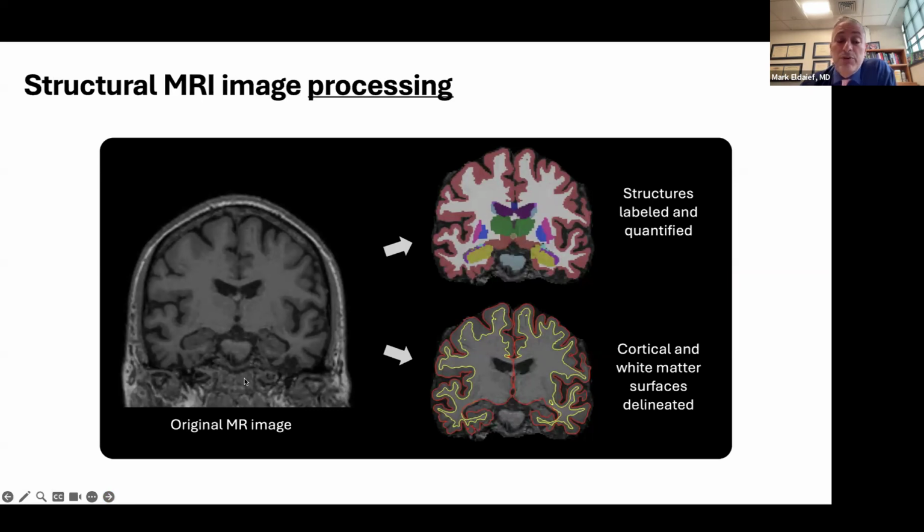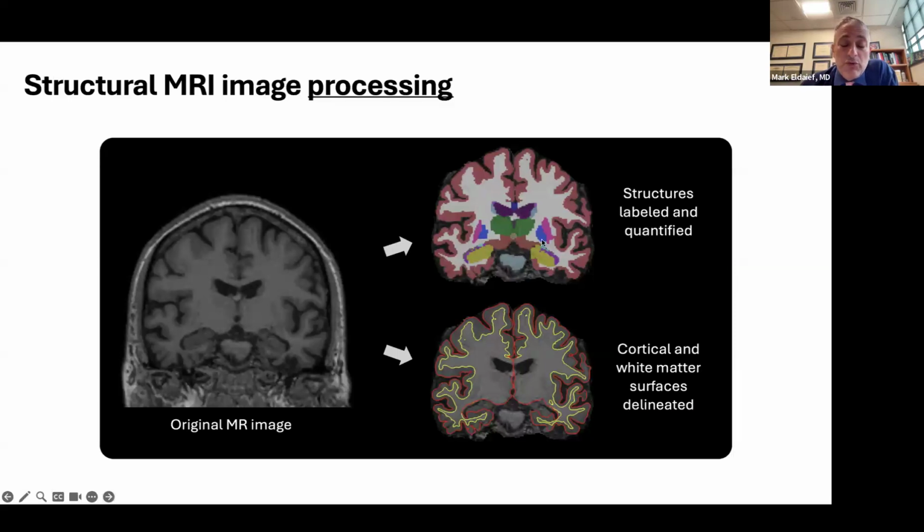We have computer programs that can take an MRI image and do computer processing to decide what's the gray matter of the brain, shown here in this pinkish salmon color. What's the white matter, shown here in white? What are the structures deep inside the brain, shown here in green? These are the cavities I was talking about, in purple.